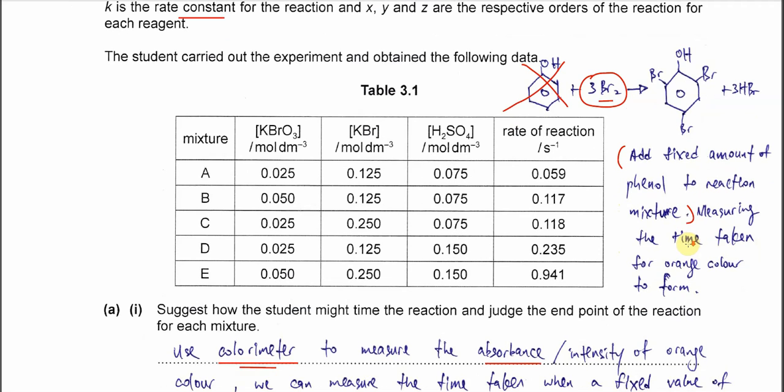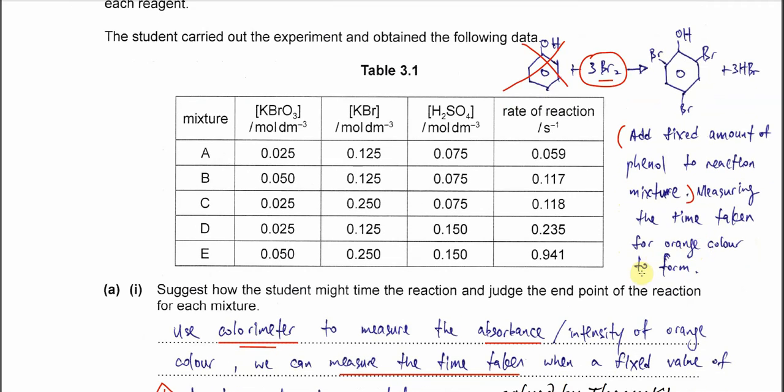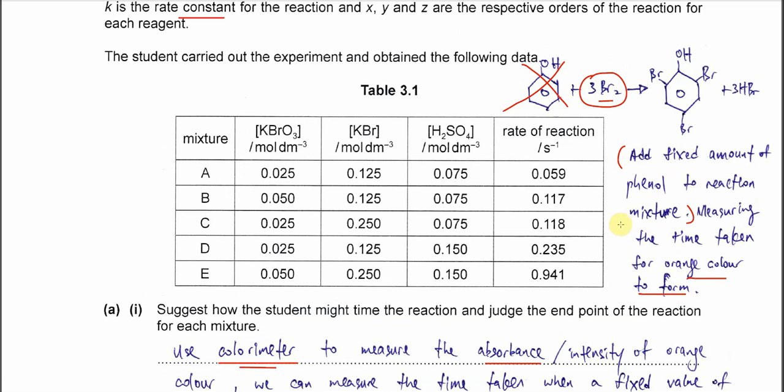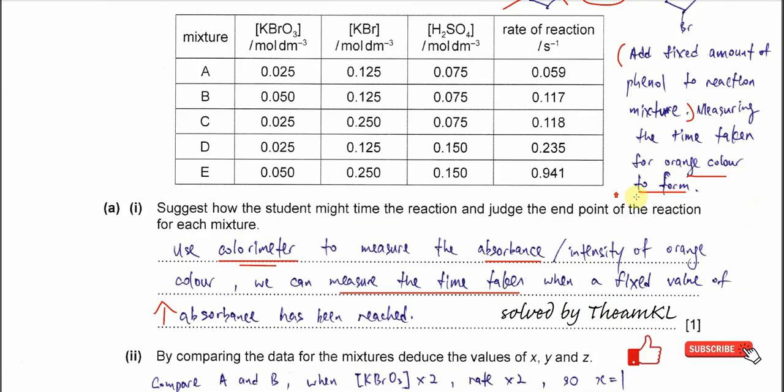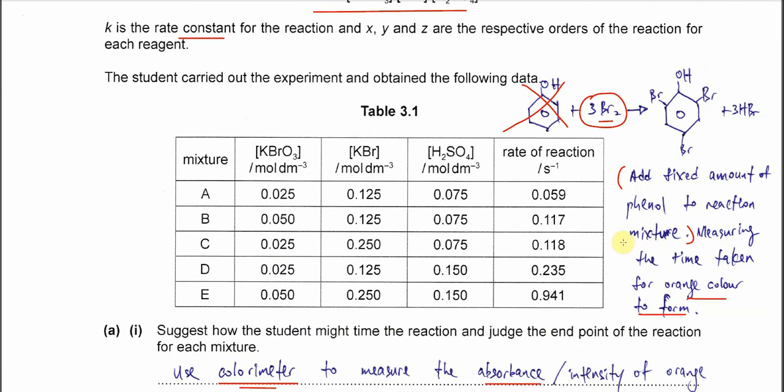After that, measure the time taken for the orange color to form. Actually, once we mix the phenol into the reaction mixture, we start the timing. After that, we stop the timing when we see orange color. This is what we do using the clock method, which is mentioned in the mark scheme.